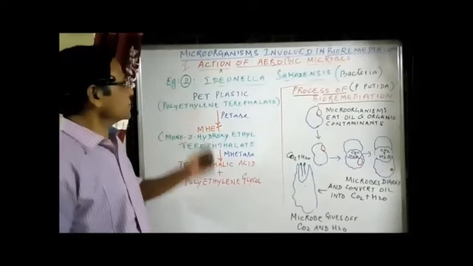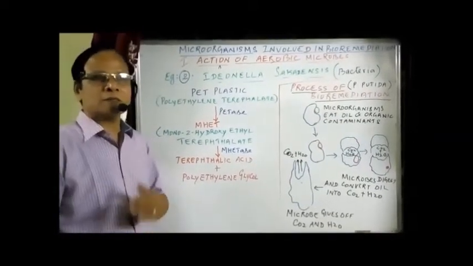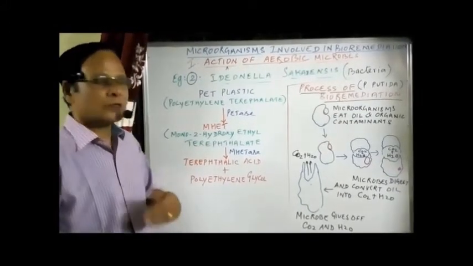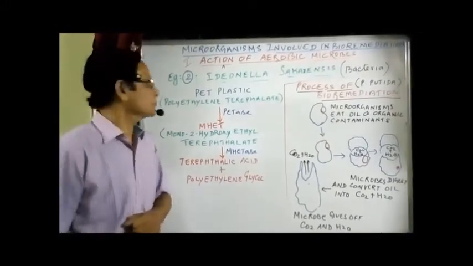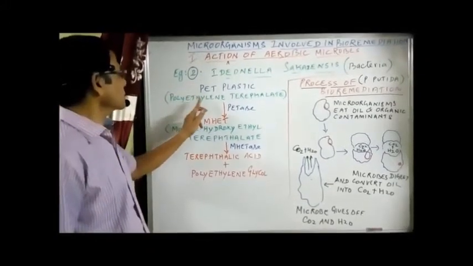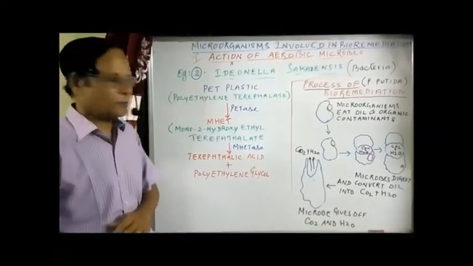Now the PET plastic is a thermoplastic resin that is highly resistant to heat. That's why it's also used in ovens. Now the PET plastic, normally called polyethylene terephthalate, that's the name of the plastic PET.